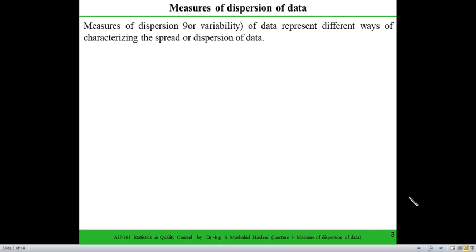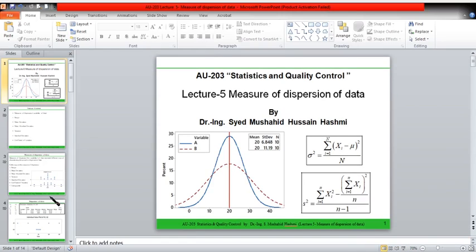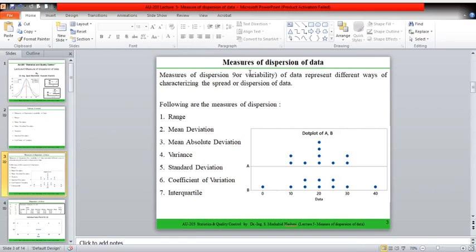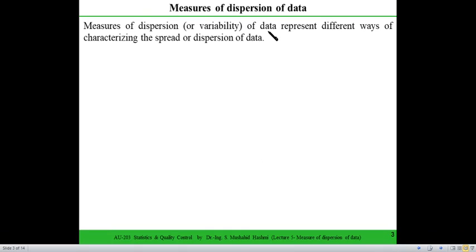Okay, so when you talk about measures of dispersion, or what we call variability, dispersion or variability means the same thing. When your data has a spread, central tendency is actually where most of the data is lying.